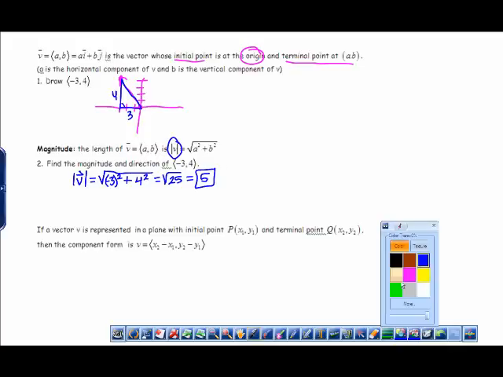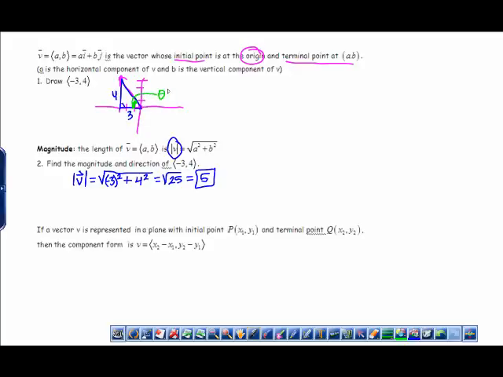Now, when you're finding direction, this is talking about an angle, and that is going to be our theta. So let's think about this. This is a right triangle. I didn't draw the right angle symbol very well, but this is a 90-degree angle right here. And from this theta, I know the opposite, and I know the adjacent. I also know the hypotenuse, but let's just go ahead and use what was given to me. So the tangent of theta is going to be equal to 4 over 3.